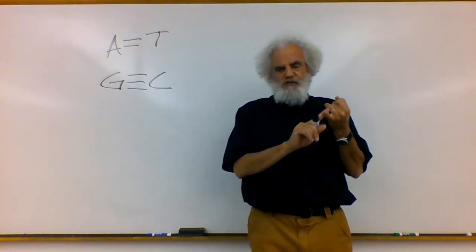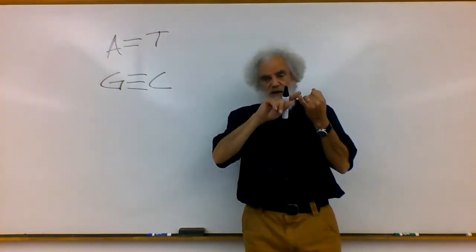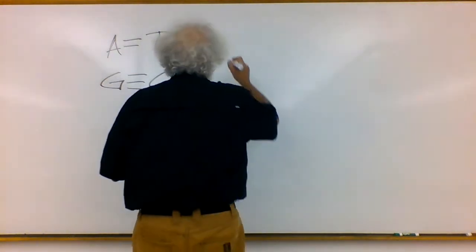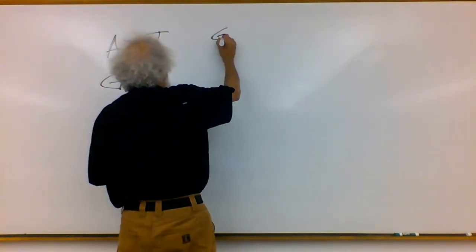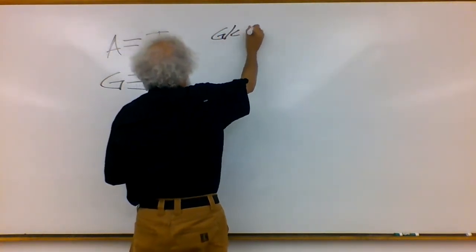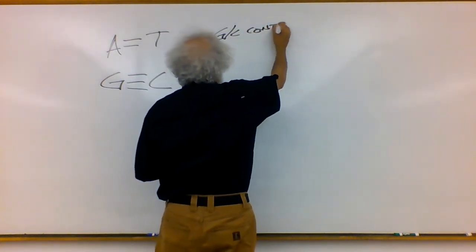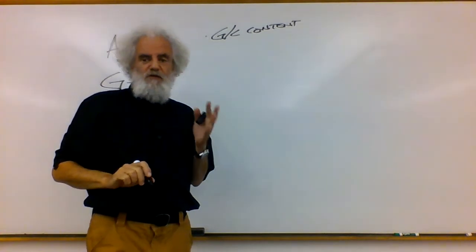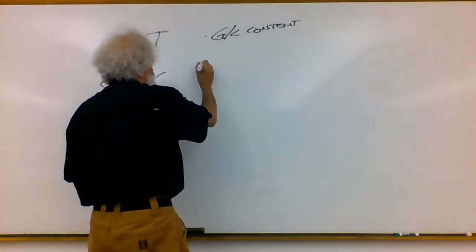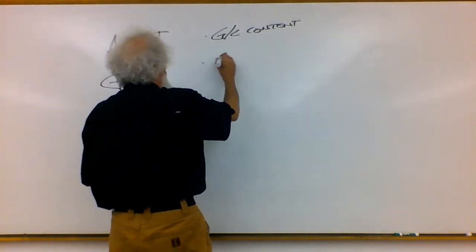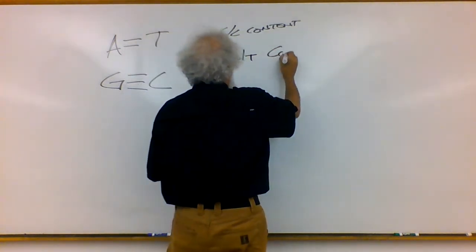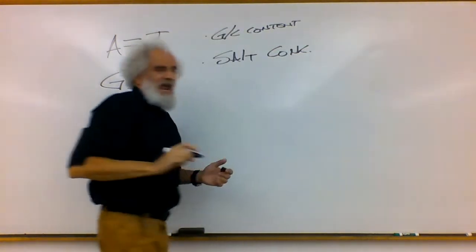The critical points are going to be the ATGC composition. So we got what's typically known as the GC content. This is a critical variable for TM. The next critical variable is going to be the salt concentration.